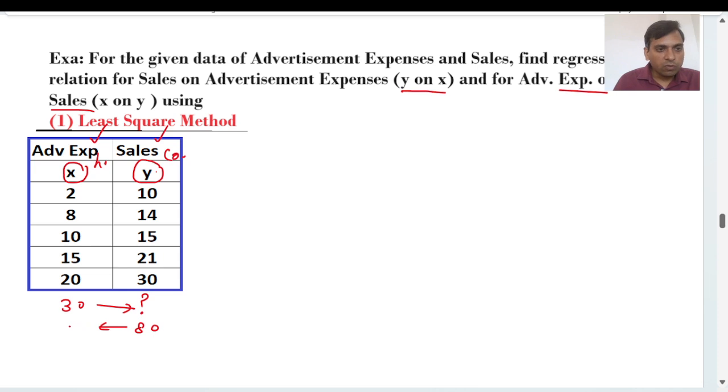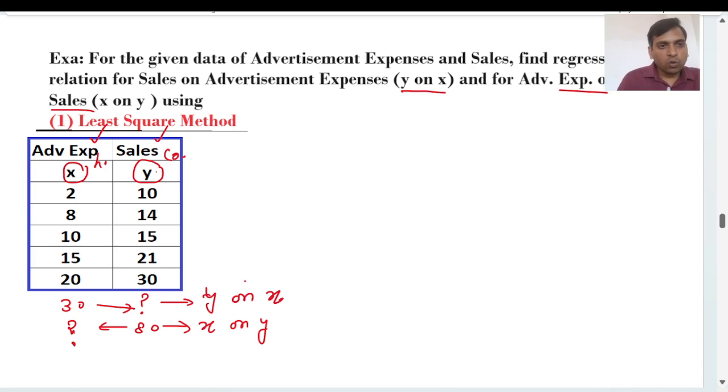So when you need to find x, advertisement expenditure, you can write this is the requirement of x on the basis of y. And for the first case, if you need to find y on the basis of this 30, you can say this is the requirement of y on the basis of x.